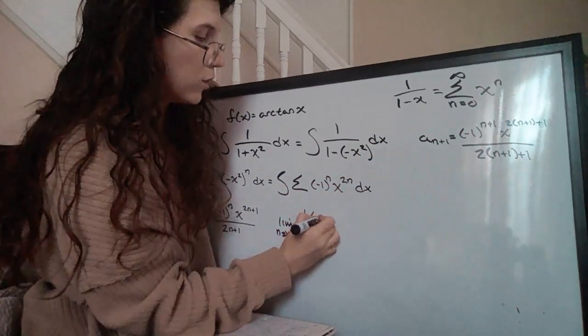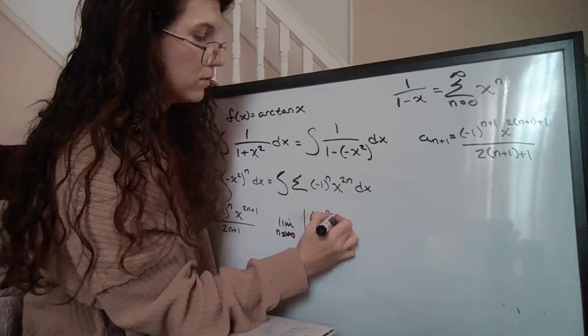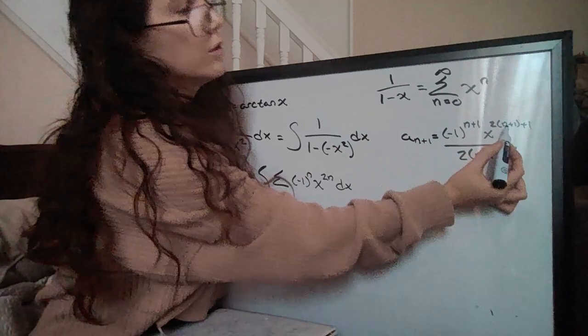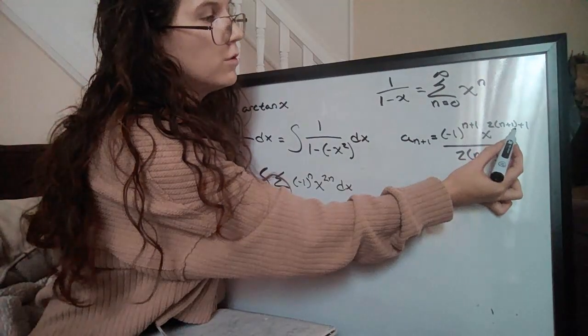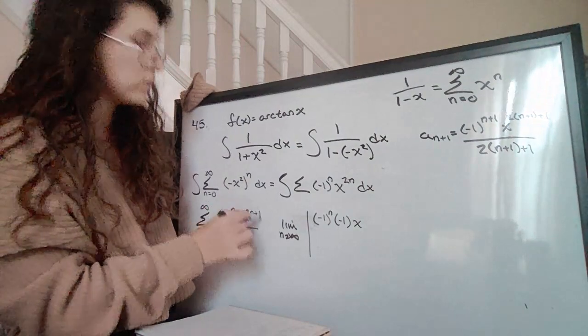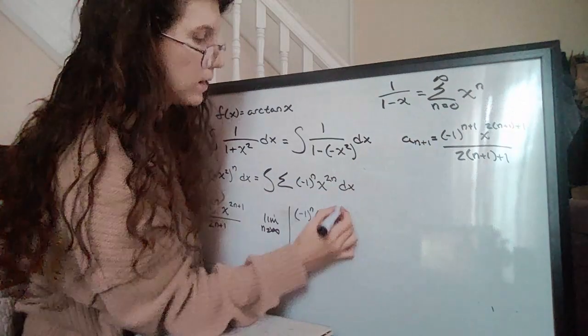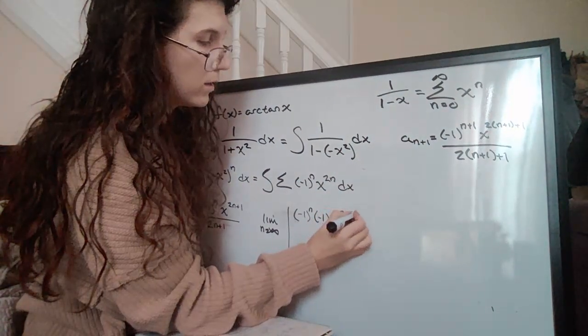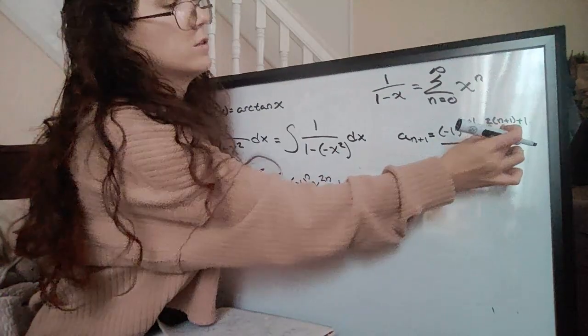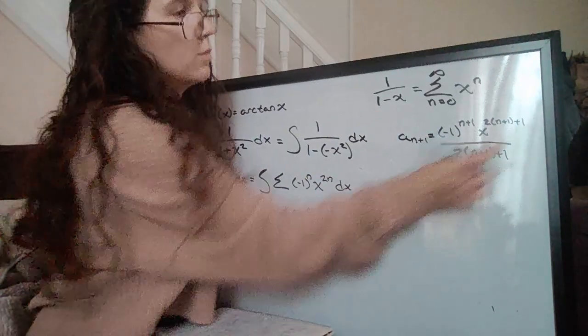This is (-1) to the n times (-1), x to the 2n plus 2 plus 1, and I have an x to the 2n plus 1 here, so I'm going to write this as x to the 2n plus 1, and then times x squared, because that's x to the 2n plus 2 plus 1.